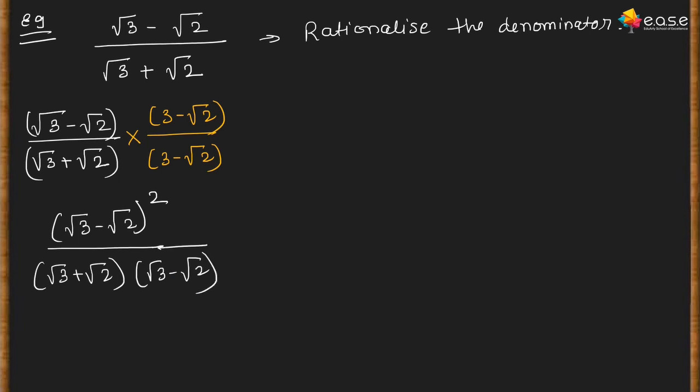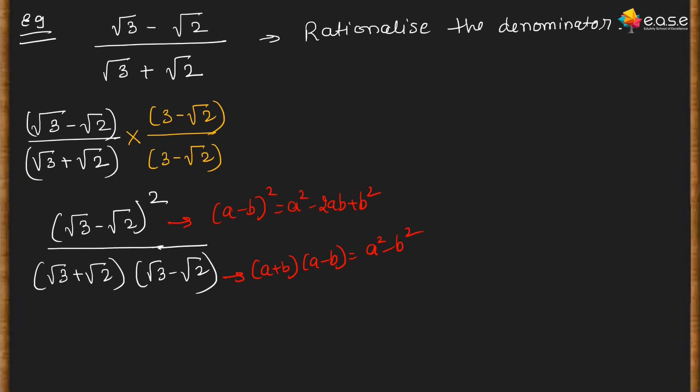So in the numerator you are going to use which formula? You'll use a minus b the whole square, which is a square minus 2ab plus b square, and in the denominator we use a plus b into a minus b, which is a square minus b square.